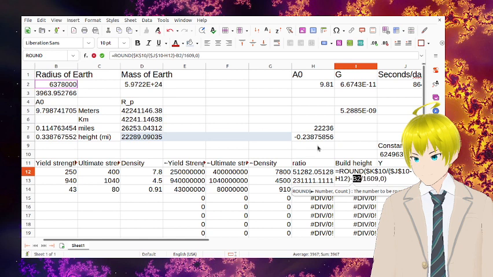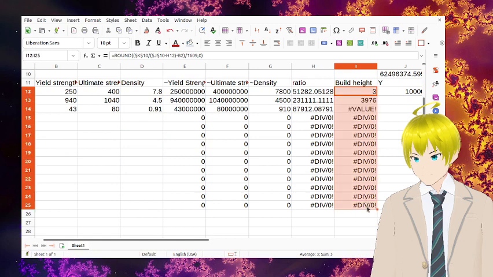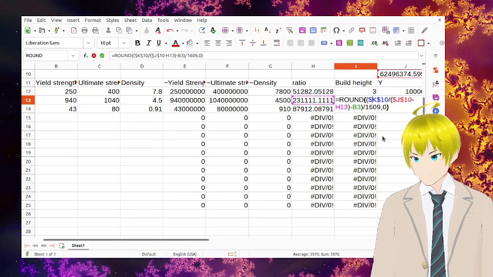Let's put brackets around it. Like that. Yeah. It's only 3 miles, so I thought it would be much higher than that. Actually, it's so low that it's suspiciously low. Really?